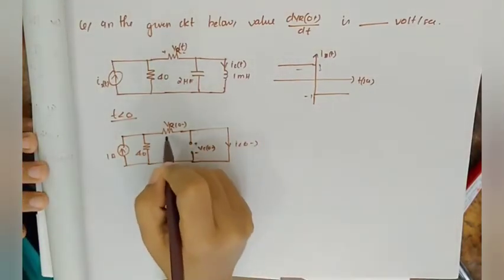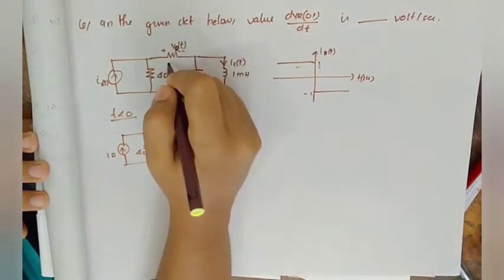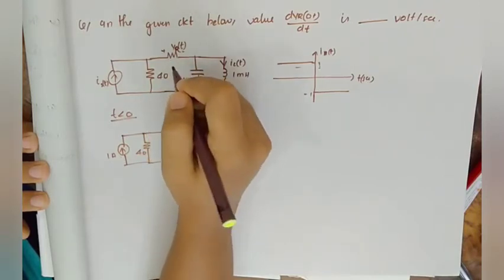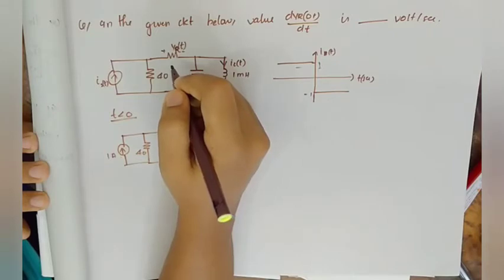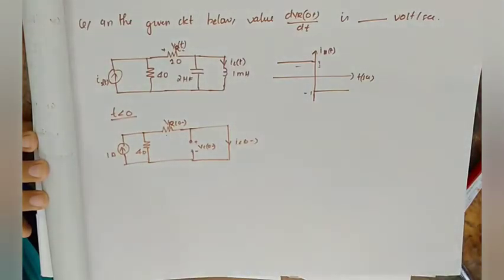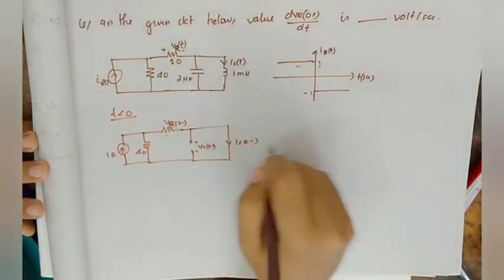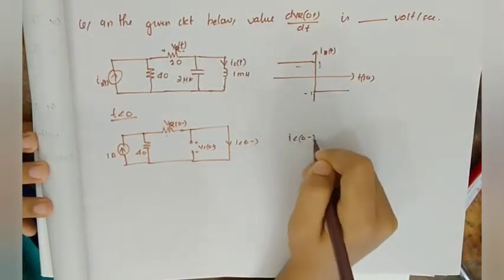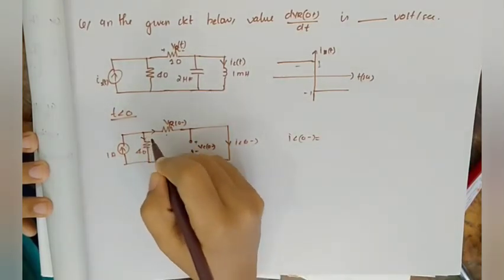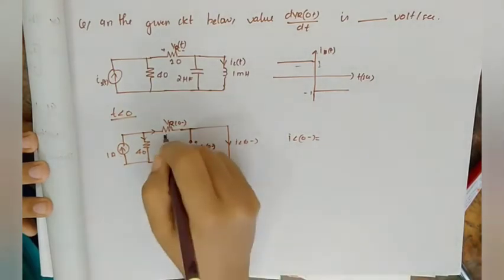Okay, now we'll find out IL of 0 minus. So IL of 0 minus is same as the current flowing through this resistor, it is 10 ohm. So IL of 0 minus, by current division rule, the 1 ampere current is being divided between 40 ohm and 10 ohm.